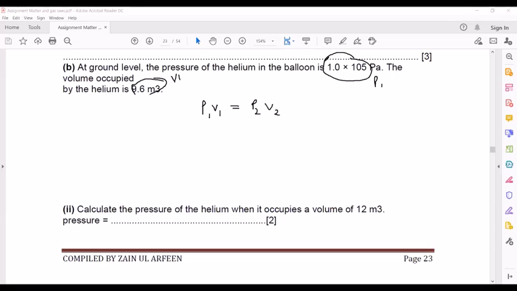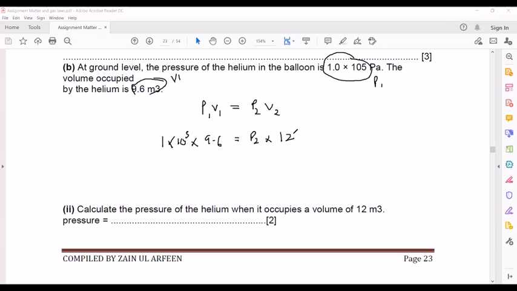P1 is the first pressure, which is 1 exponent 5. V1, the initial volume, is 9.6. P2, the final pressure, we don't know. And the final volume is 12.